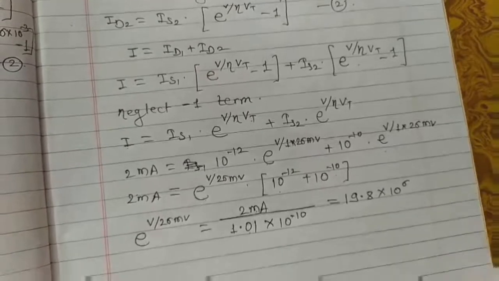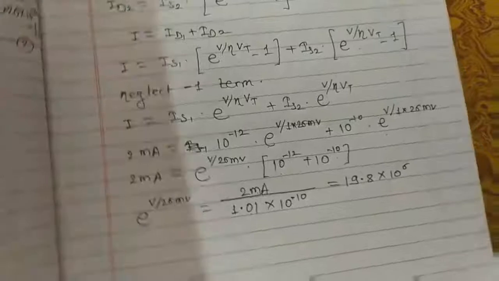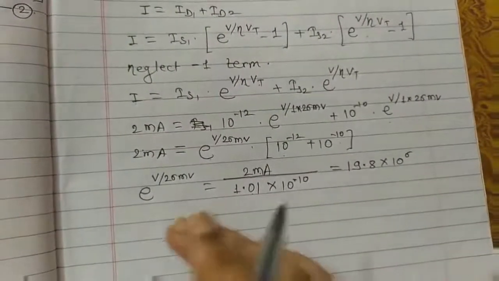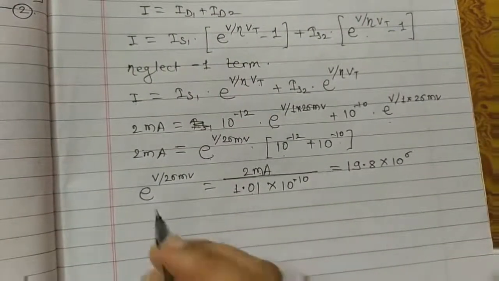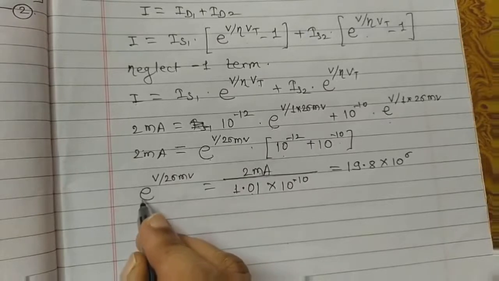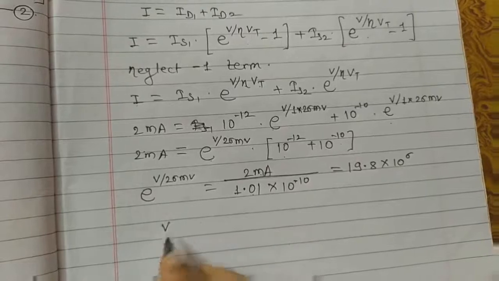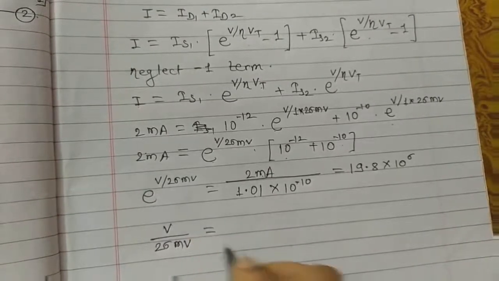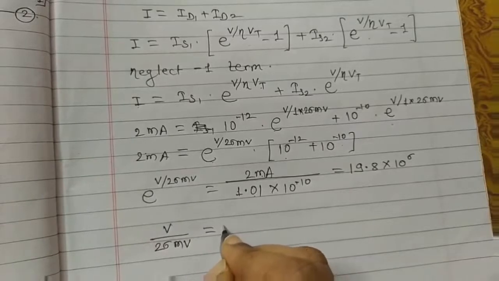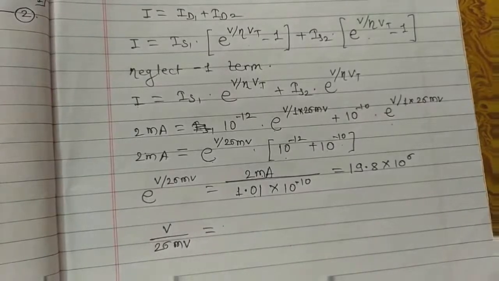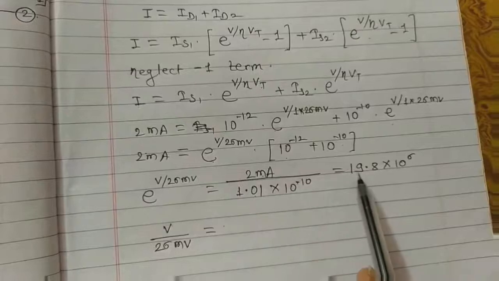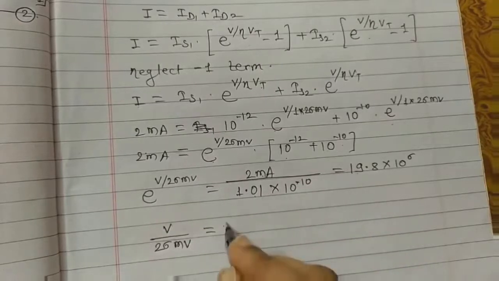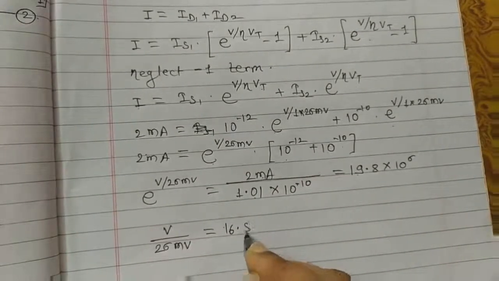After this, we'll take the log for both the sides. Taking the log for both the sides, the e will get cancelled. So it will become V divided by 26 millivolt is equal to log of this term, which will become 16.80.